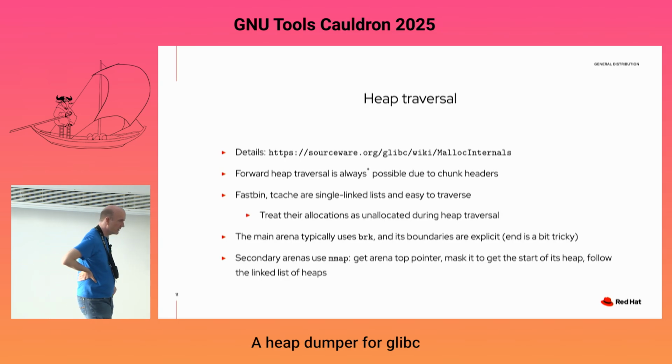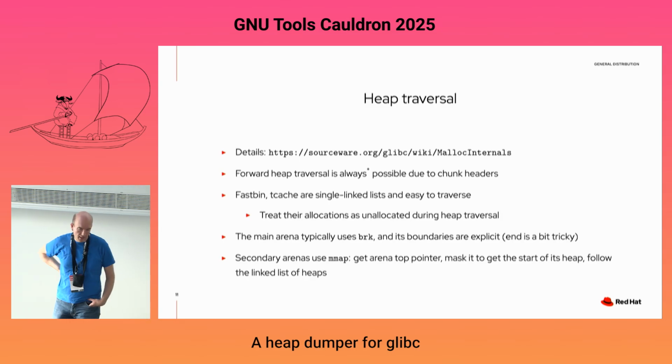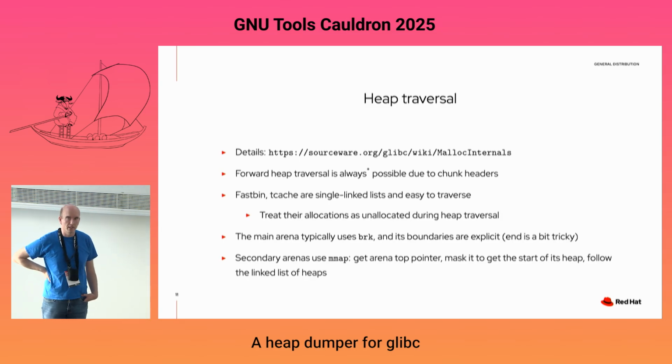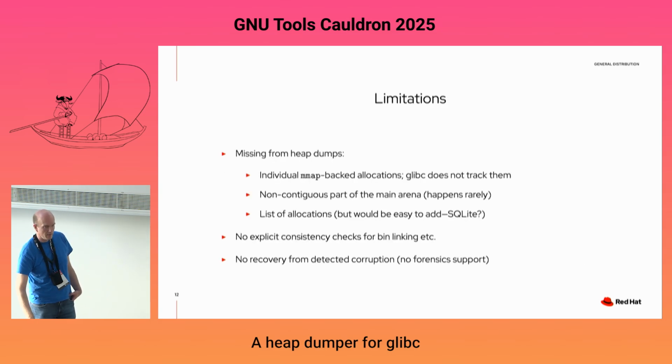For the secondary arenas, they are split into heaps, and the heaps are linked by a singly linked list. To get to the start of the list, you take the top pointer of the arena and mask it to get to the start of the heap. There, at the start of the heap, there's a pointer to the previous heap, and so on, until you get a null pointer, and then you're done with that particular arena.